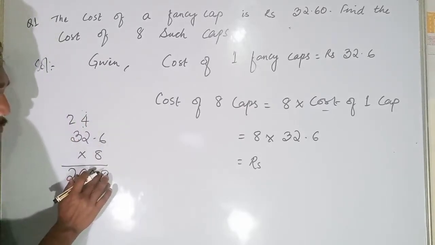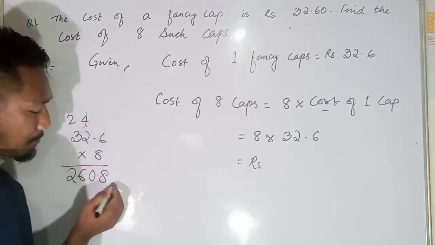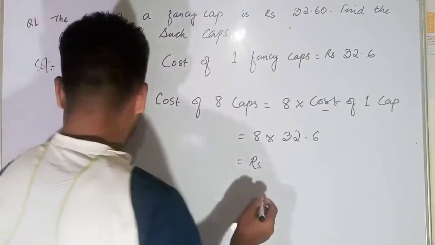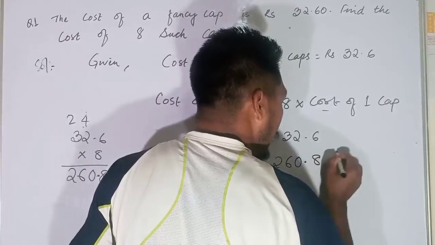Now we get 2608. But after the point, we have one digit, which means just in front of the last digit I have to put the point. So it is 260.8 rupees.